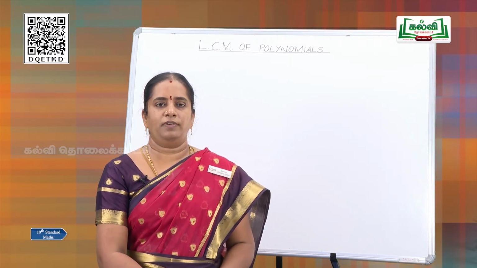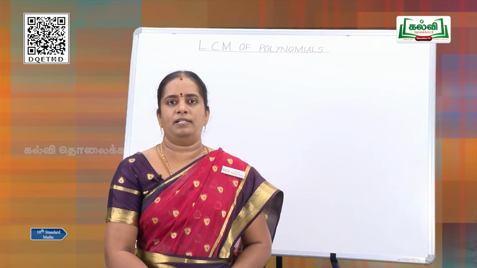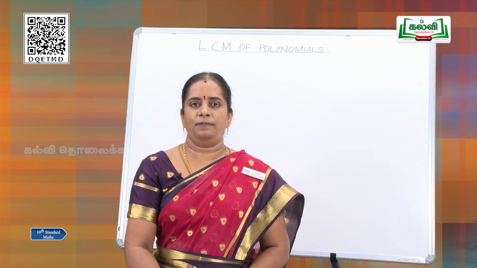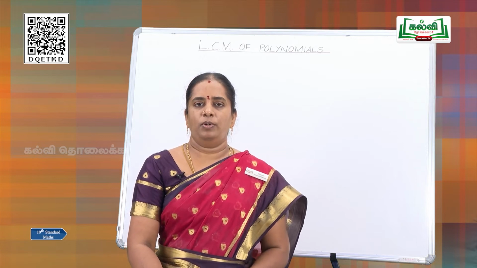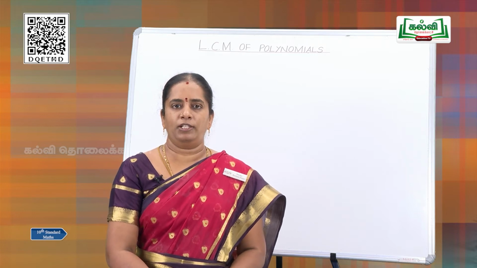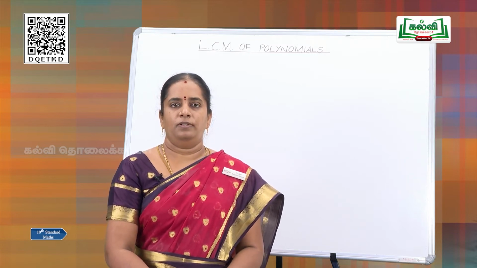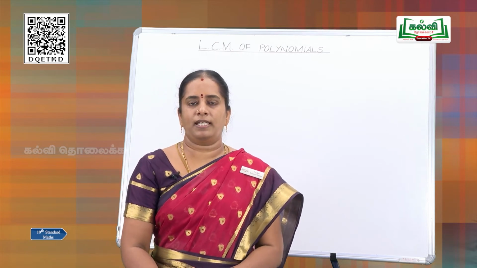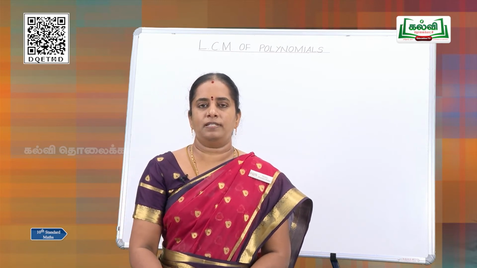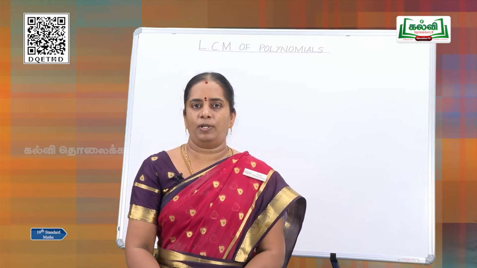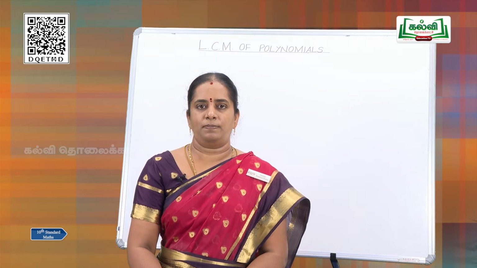In other words, LCM of polynomials is the lowest degree polynomial which is divisible by both the expressions. We may take more than two expressions also. So LCM is the polynomial which is divisible by all the expressions taken, and we have to find the least degree of such a polynomial.